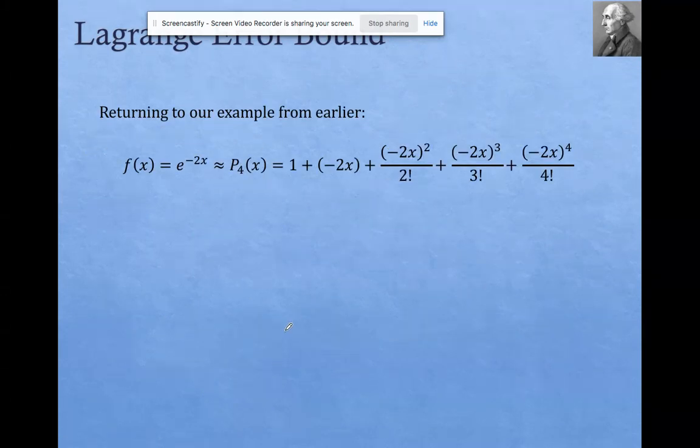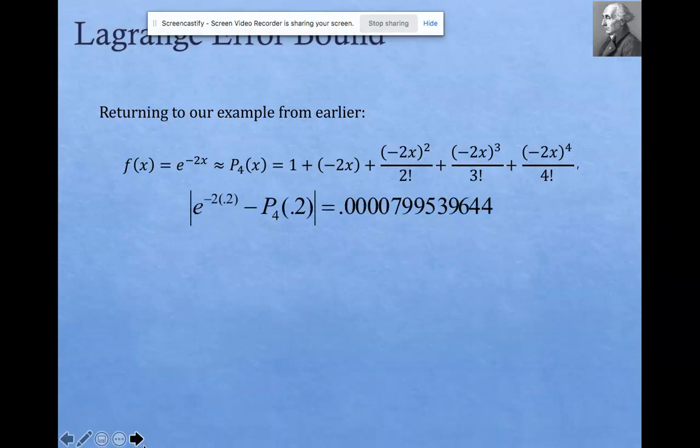So here I am with my previous example. f of x was equal to e to the negative 2x. I approximated e to the negative 2x with the fourth order polynomial. I wrote out my fourth order polynomial and I stopped it. It is truncated. I plugged in 0.2 and I got this value.